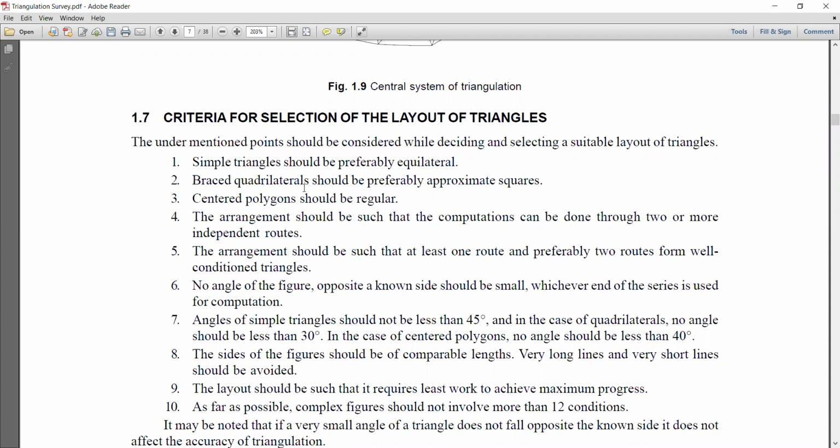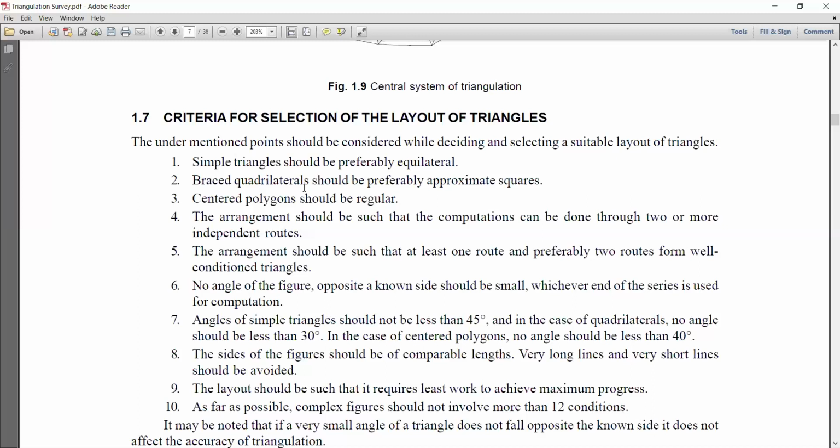As per the above discussion, braced quadrilaterals act as the strongest, so as far as possible approximate squares are more preferable. Centered polygons should be regular in shape.